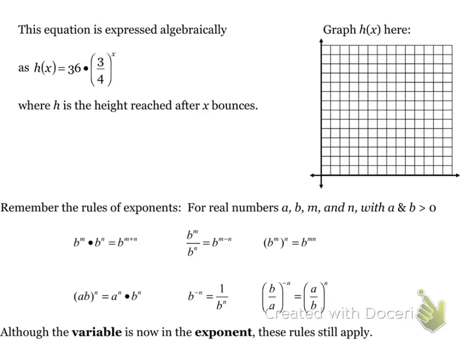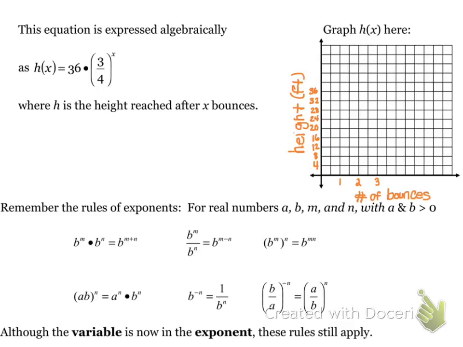Okay, so now we're going to graph this example, 36 times 3/4 to the x. So I'm actually going to count by 4s on my y-axis, and I'm going to count by 0.5s on my x-axis.